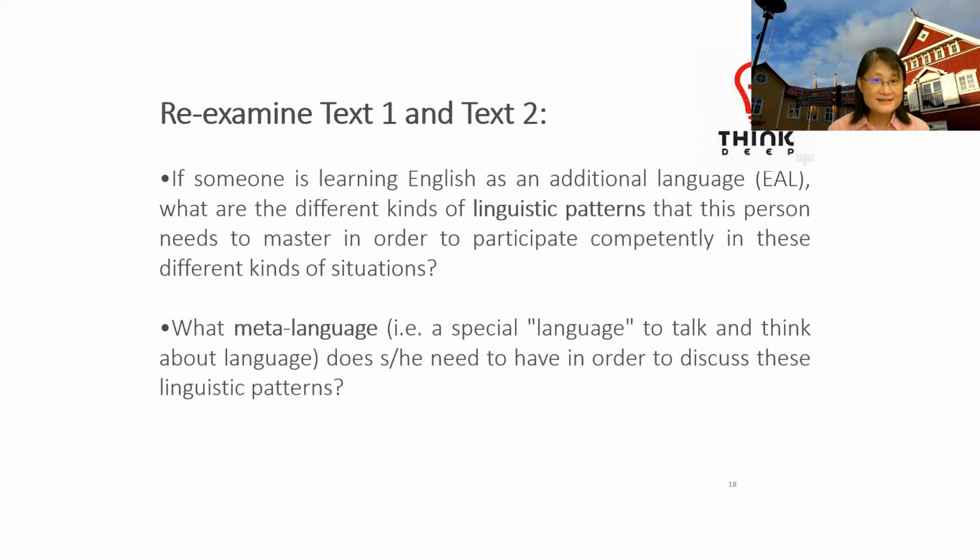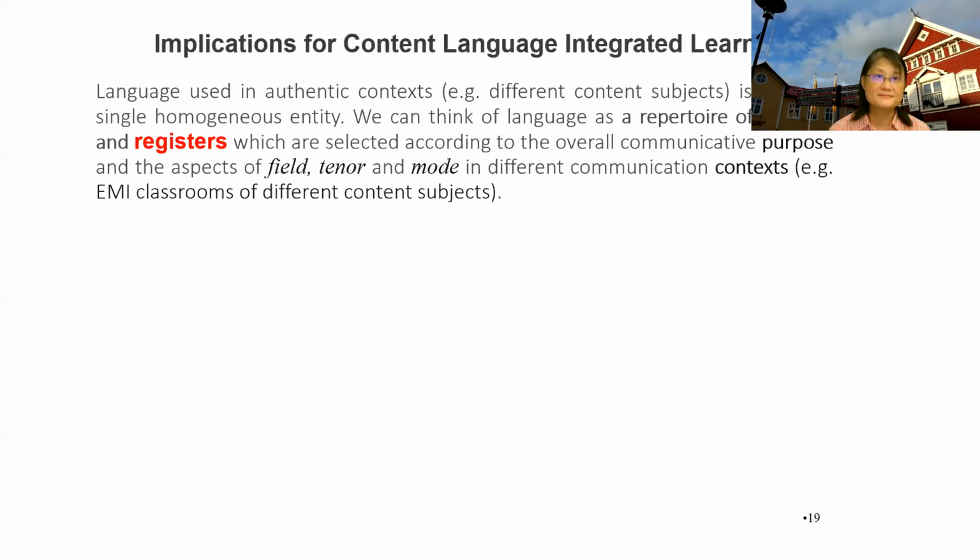So these linguistic terms are helpful even for our students, so that they can analyze future genres and future text types and future registers themselves. And this is very useful when they come across different text types, different genres, when they encounter different content topics.